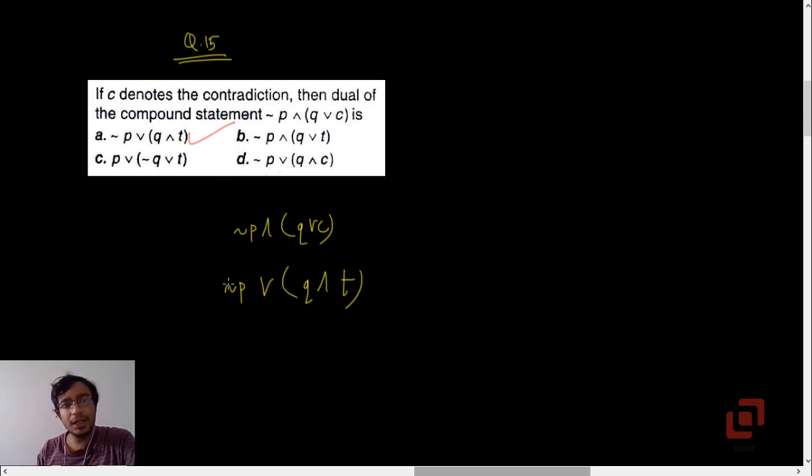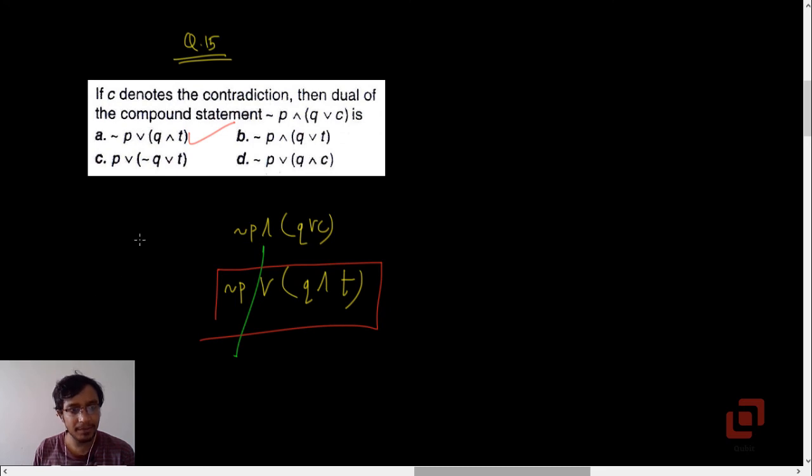See, now the only possibility where you may go wrong is you pick the incorrect option due to the resemblance of these expressions with one another. But what I would recommend you to do is you just start with the first one. Negation P is present in A, B, D, so C is ruled out.